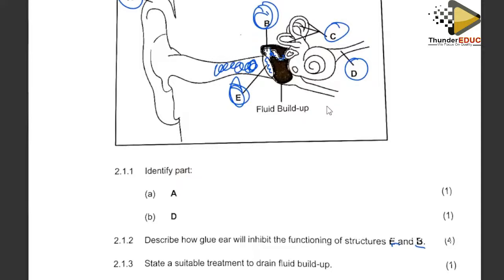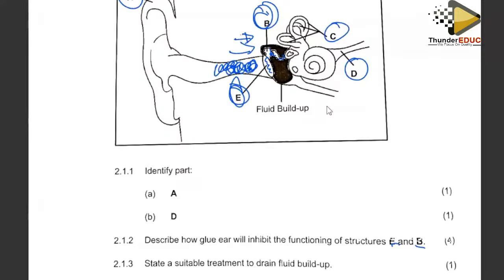So what can you say here? Say that the build up of this glue ear will increase pressure. Too much fluid is going to increase pressure on that side. It is going to limit the vibration of structure E, the tympanic membrane.